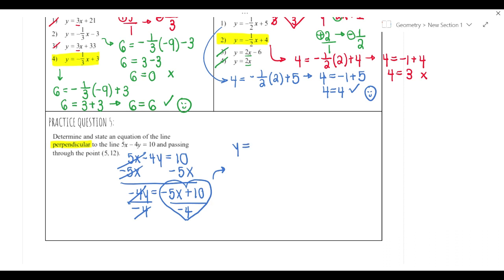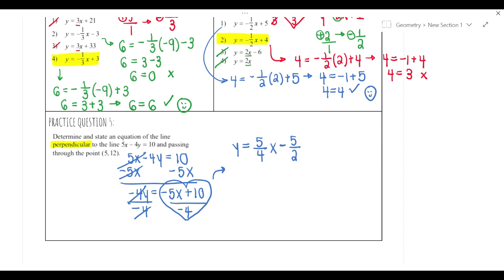That gives me just positive 5/4 x. And then I have 10 divided by negative 4. If I divide both the numerator and denominator by 2, I can reduce 10 divided by negative 4 into negative 5 over 2. So this is the equation I'm looking at.